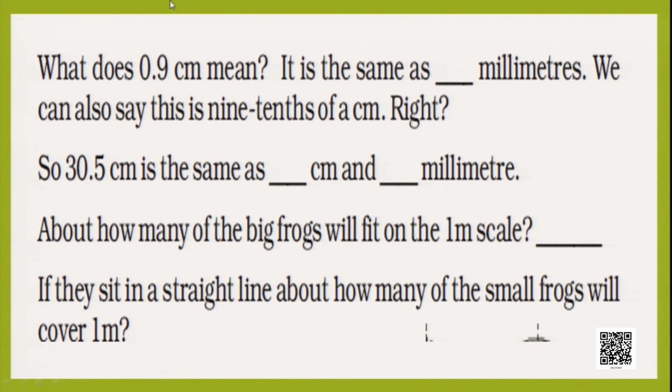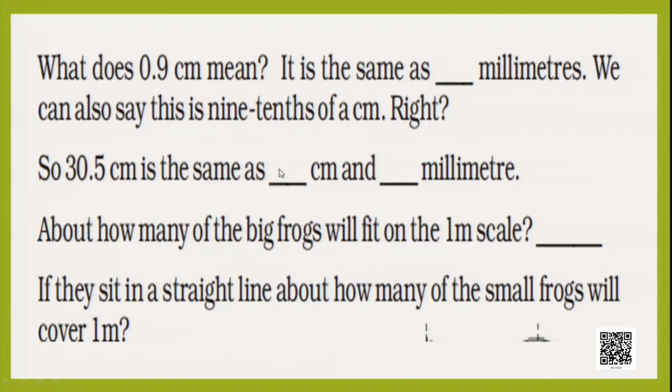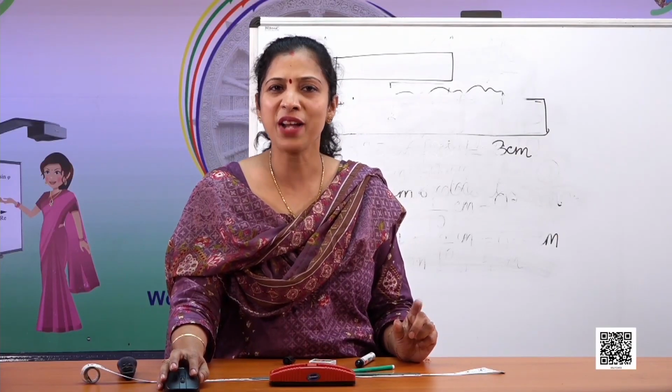So 30.5 centimeter is the same as dash centimeter and dash millimeter. Yes, your guess is correct. The answer is 30 centimeter and 5 millimeter, because 30 is the whole number here and 0.5 centimeter is the fraction part or the decimal part of it.